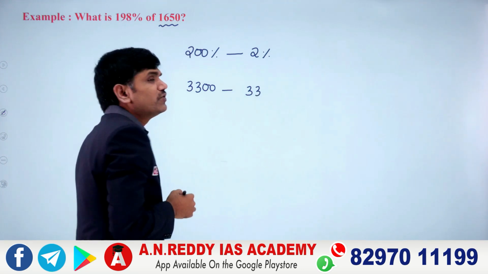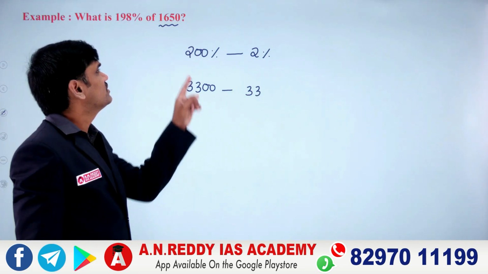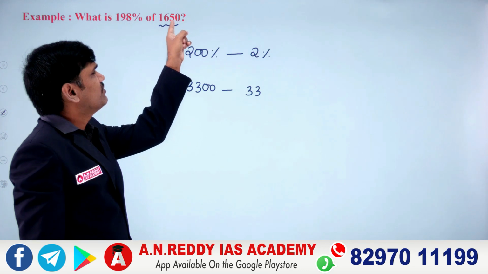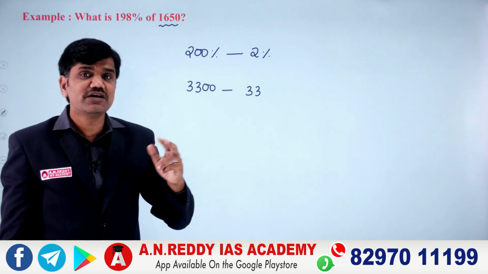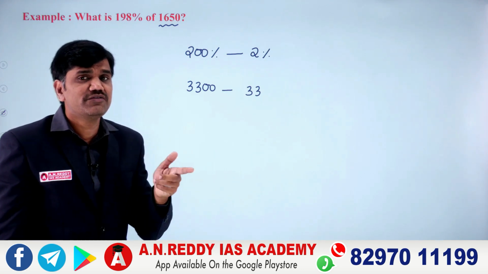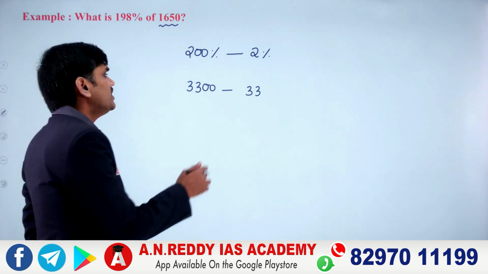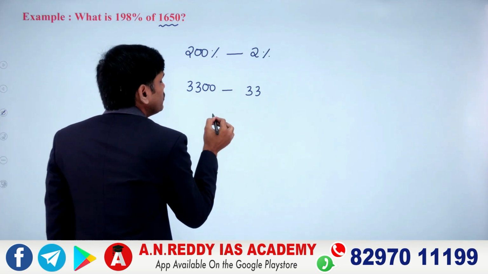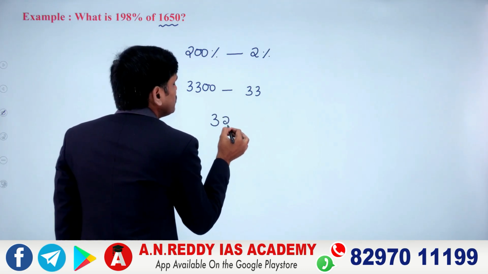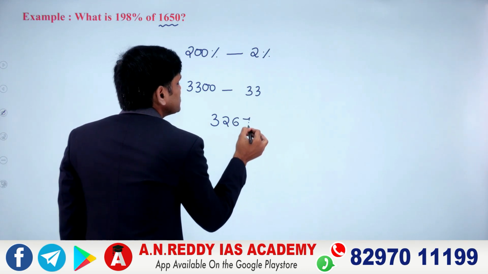33. If you don't like the idea, go for 1%. 1% of this is nothing but 1 by 100th, that is 16.50. 2% will be double of that. Double of 16.5 is what? 33. That way you can manage. So 3300 minus 33 should give you how much? 3267.